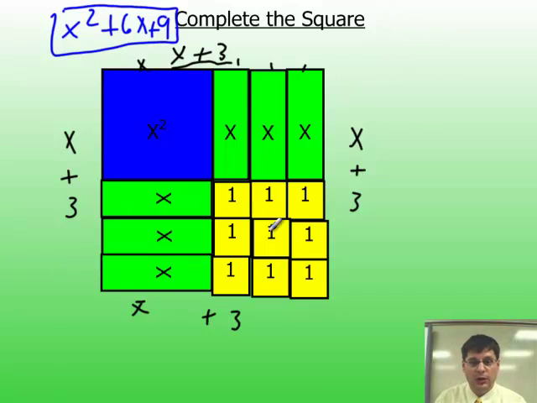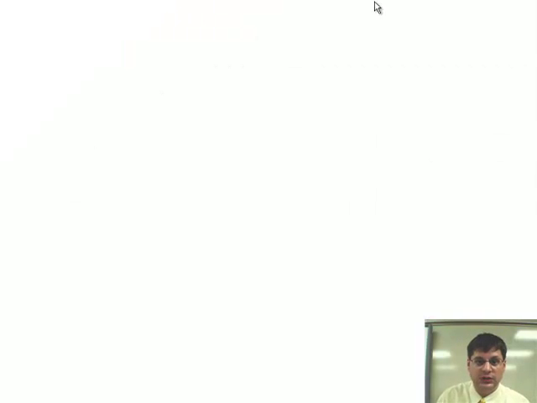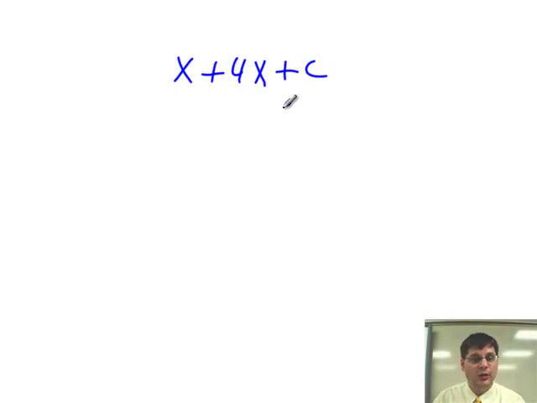So if I wanted to, I could take something, for instance, like x squared plus 4x, and I want to figure out what the value of c is. And the idea here is I would take those 4x's and break it into 2x's.